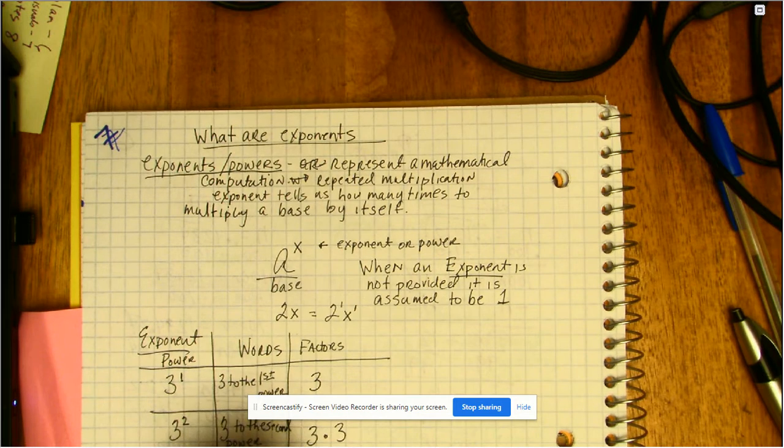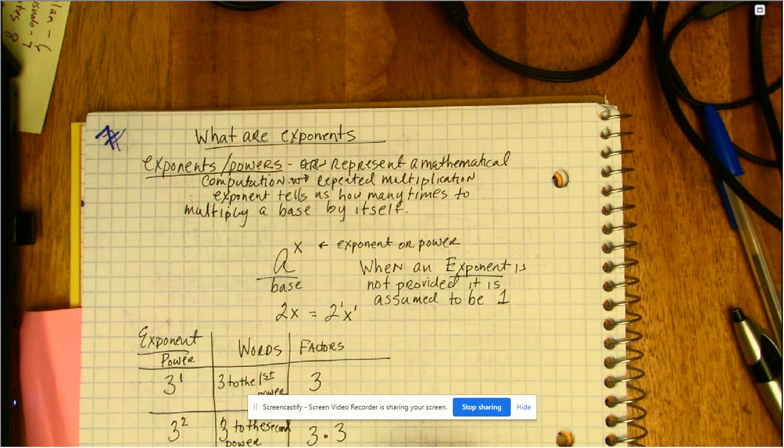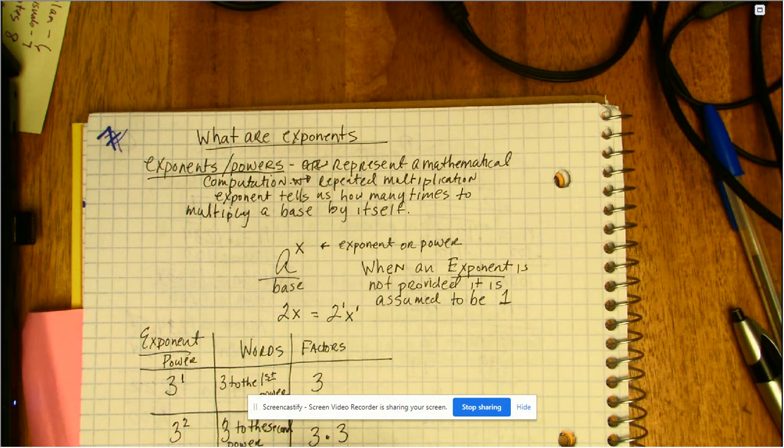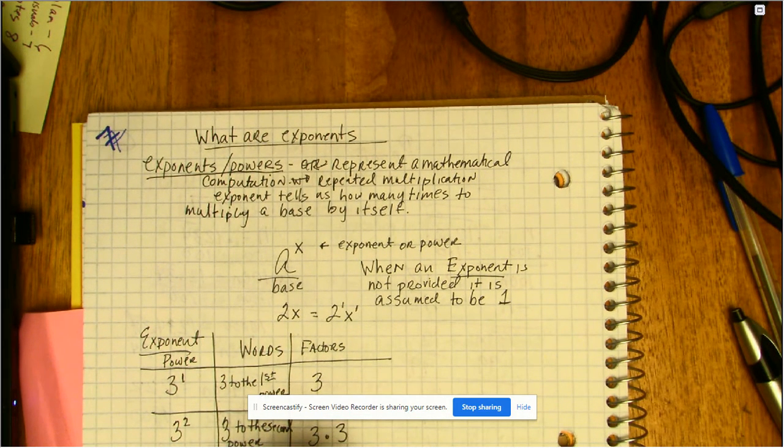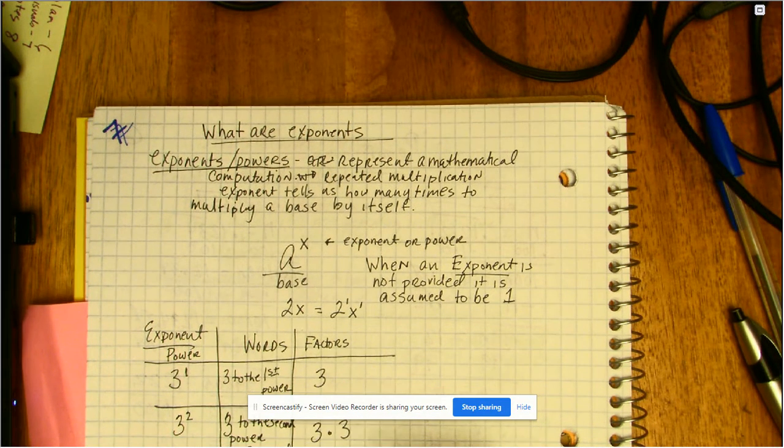Then we move on and we have 3 to the third power, or we call it 3 cubed, because a cube is a three-dimensional representation of a square, or essentially it represents volume. 3 to the third, and that would be 3 times 3 times 3. So the second power and the third power kind of have special words.